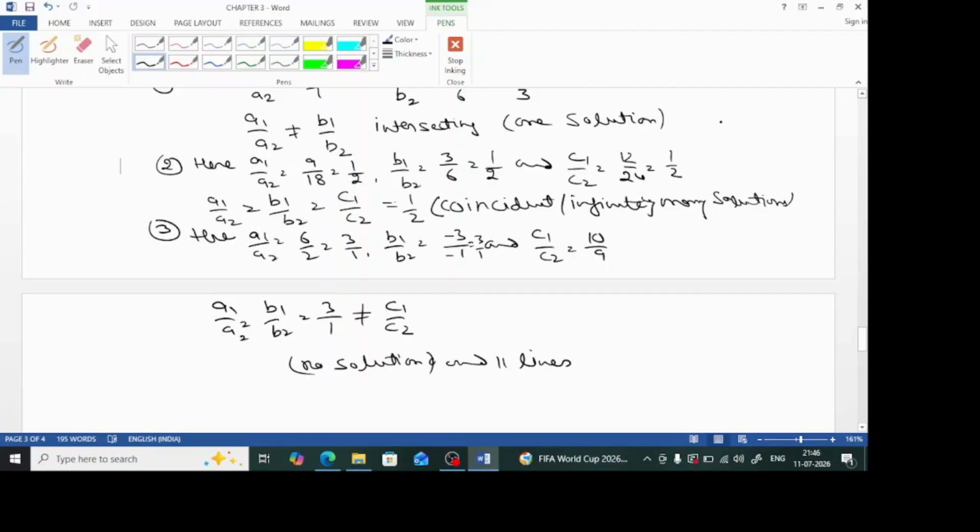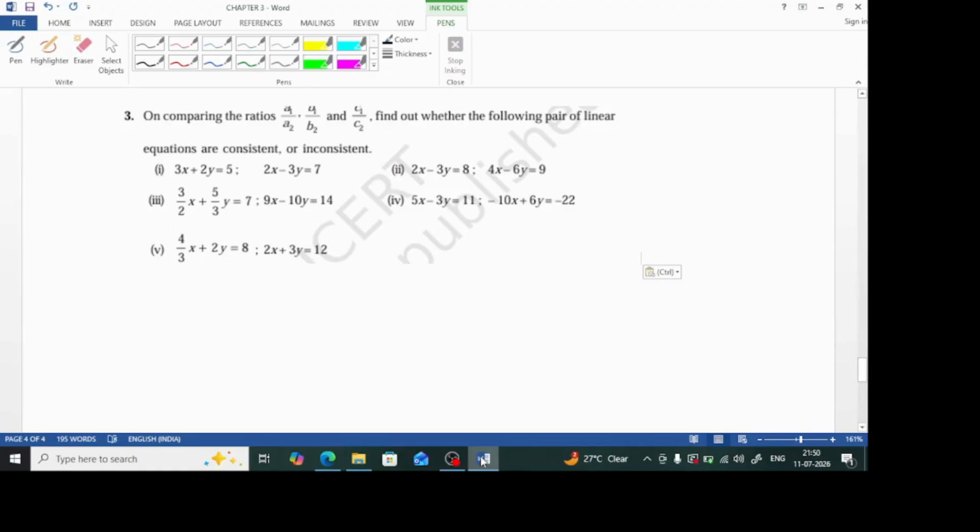Let us move to question number 3. On comparing the ratios a1 upon a2, b1 upon b2 and c1 upon c2, find out whether the following pair of linear equations are consistent or inconsistent.